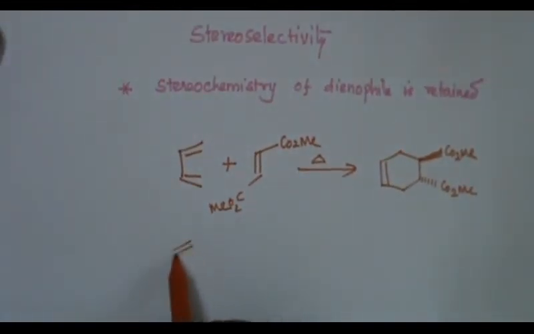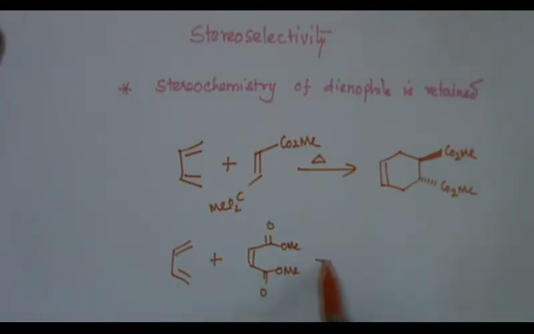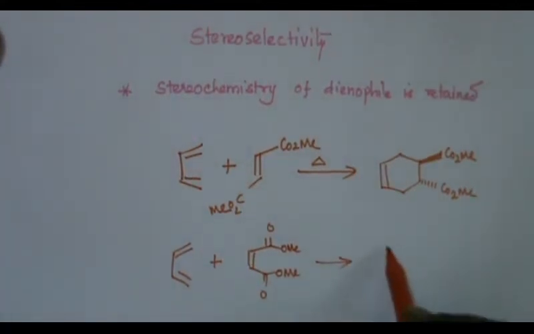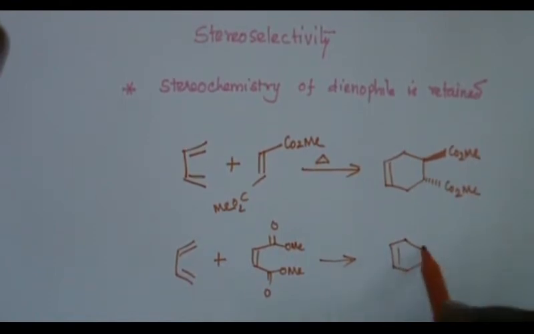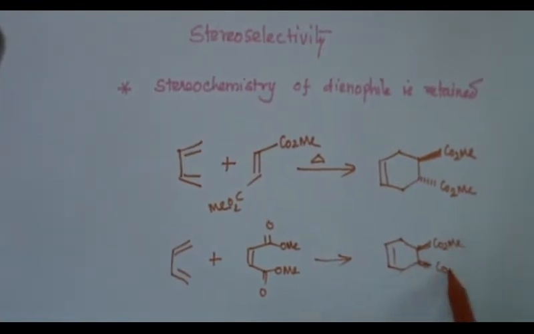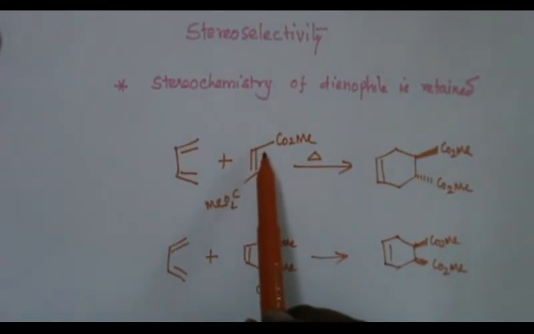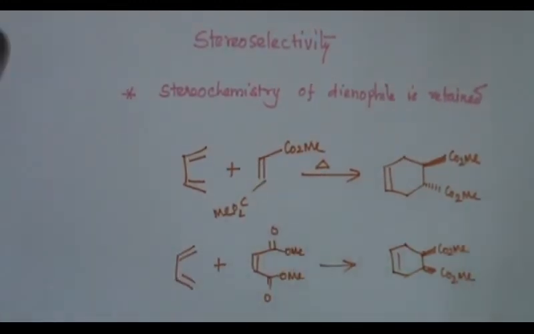Suppose they are cis, like this, so dimethyl maleate, what we get is cis stereochemistry. That is, the stereochemistry of the dienophile is retained in the product.